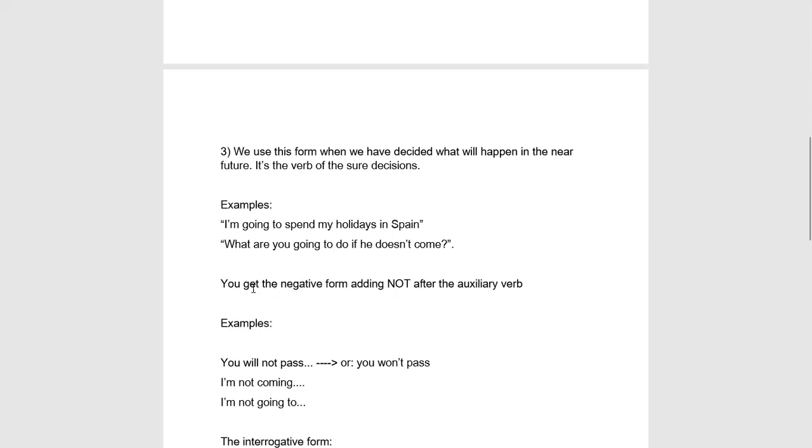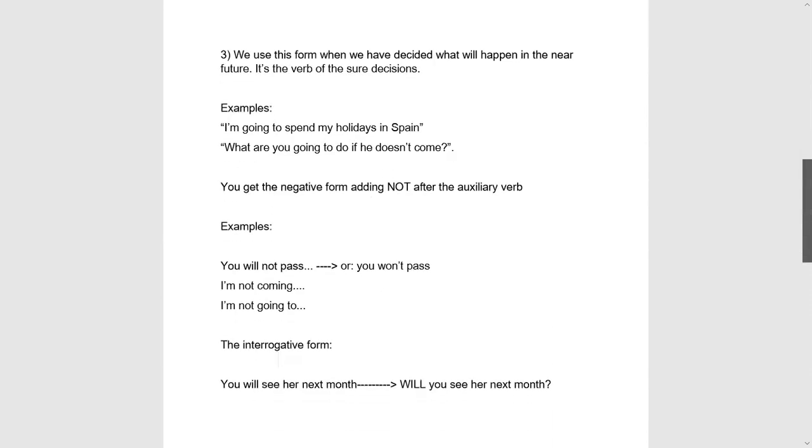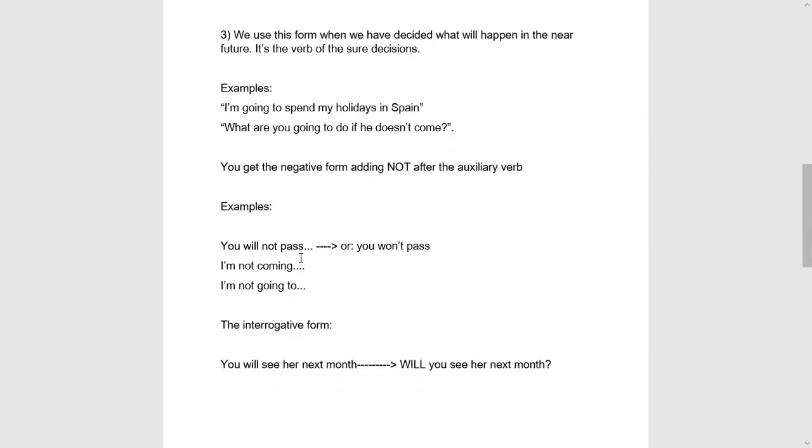Okay, you get the negative form by adding not after the auxiliary verb. Examples: you will not pass. We can contract the will not form and it becomes you won't pass. Okay, it's very similar to the verb want.